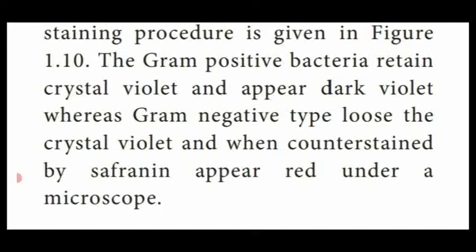When we add safranin, the other staining substance, the gram-negative bacteria turn red under the microscope. That is said to be the difference between gram-positive and gram-negative bacteria identified by the procedure called the Gram staining procedure.